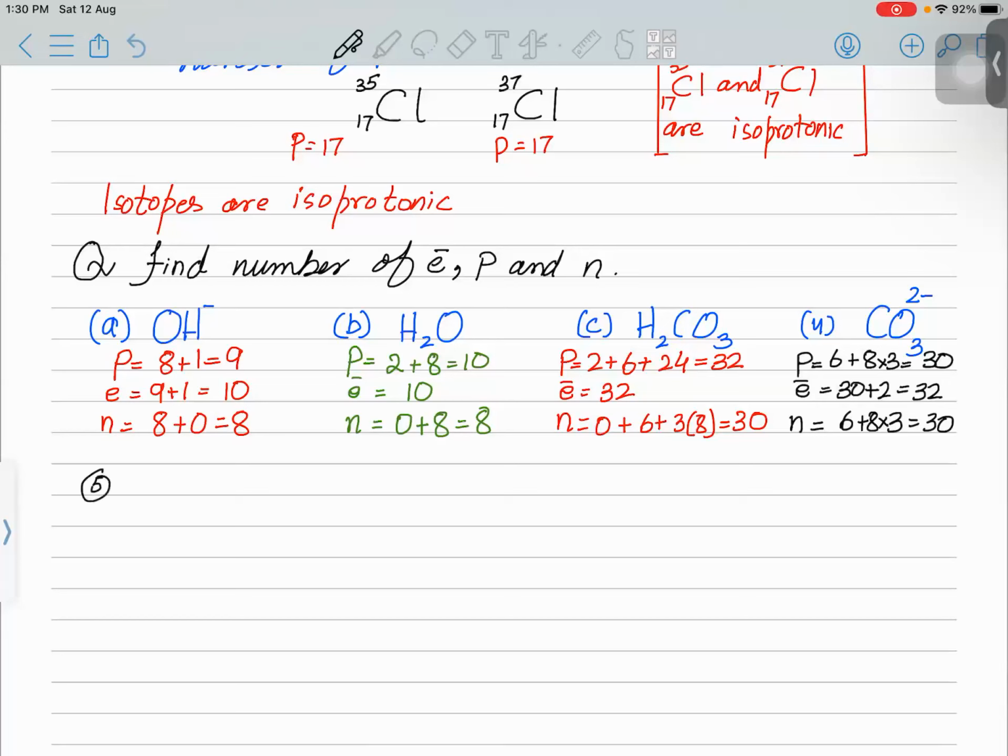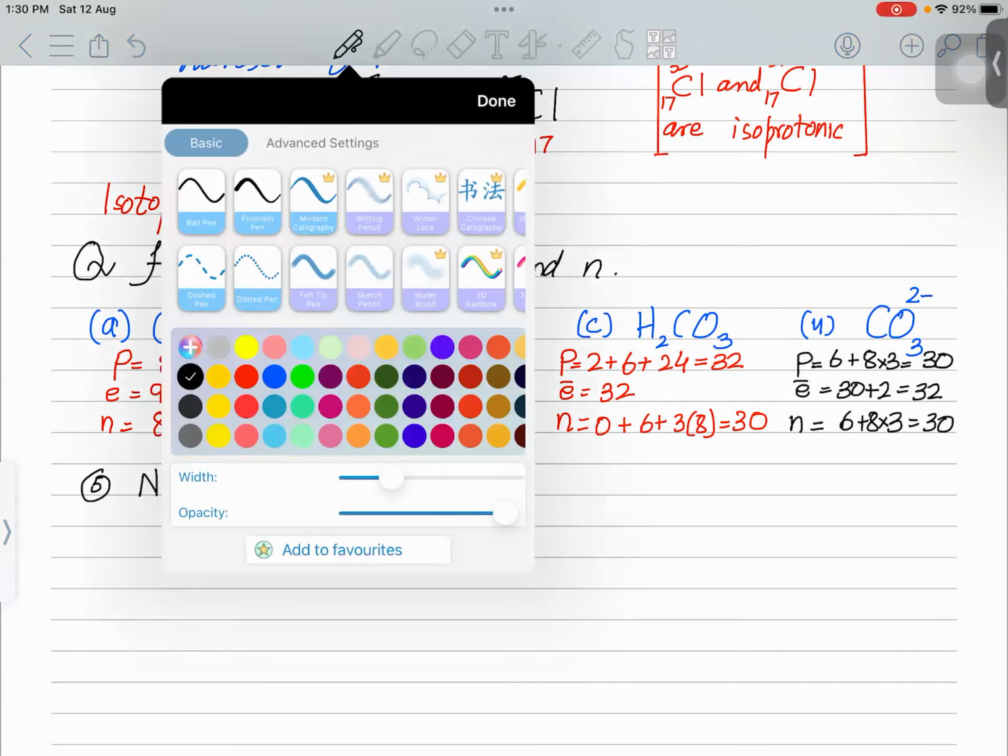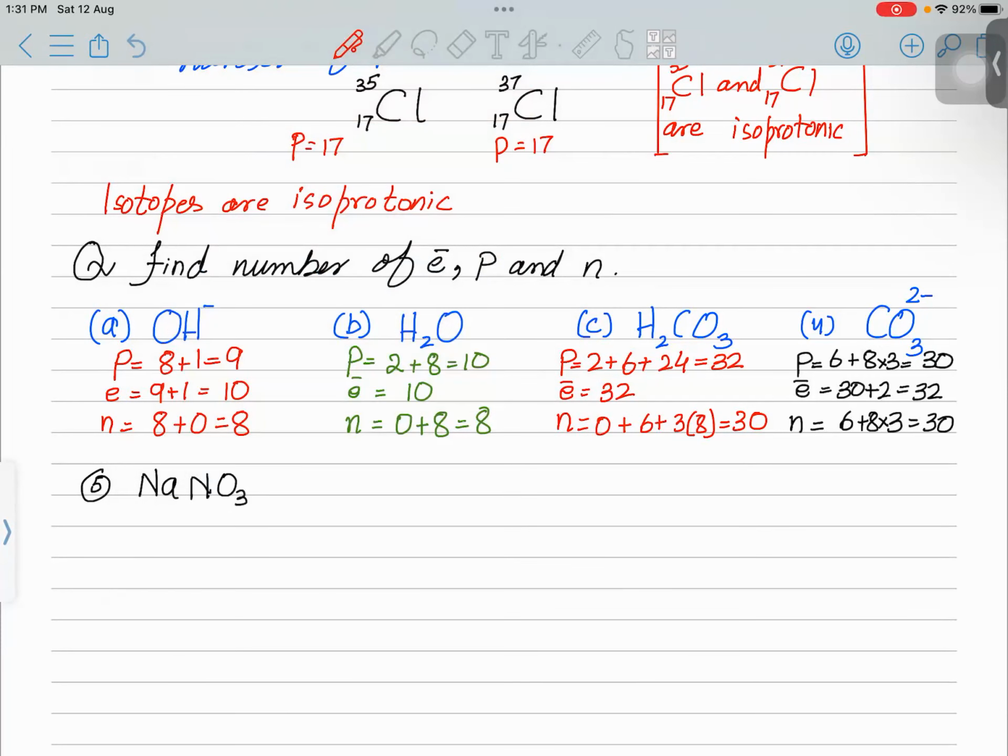Now question number 5. NaNO3. Can anyone tell me how to solve? First write the protons. That's going to be 11 plus 7 plus 24, so the total would be 42. And what about the electrons?